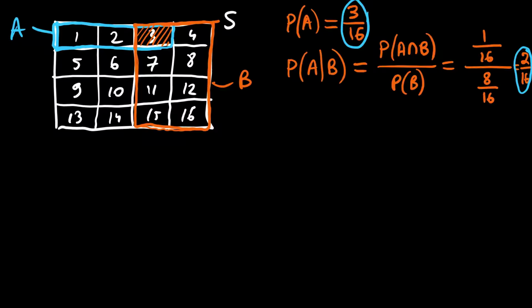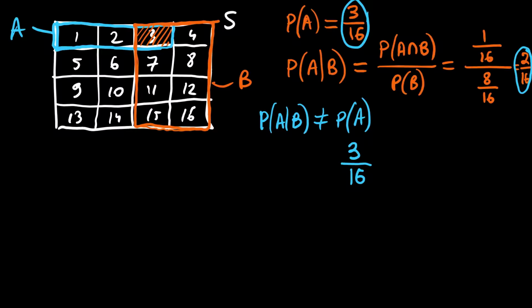So now here's a claim. No matter what event B we pick, the probability of A given B will always be different than the probability of A. I was just thinking about it, and yeah, this sounds true, because the probability of A is 3/16.